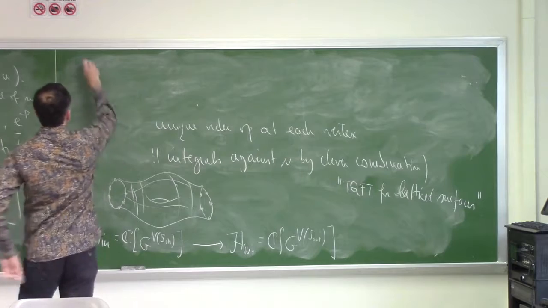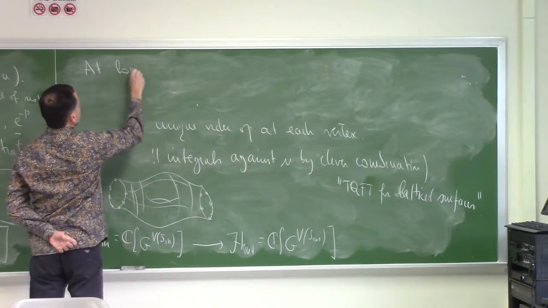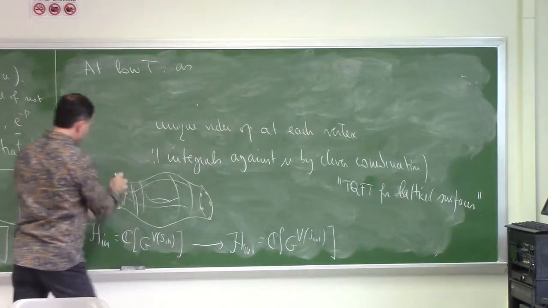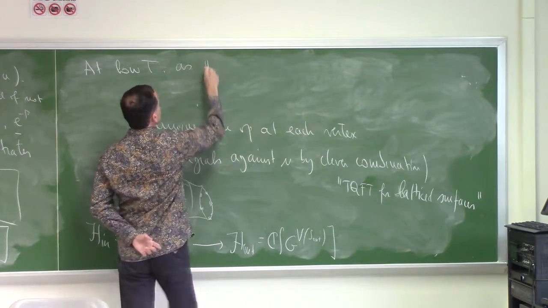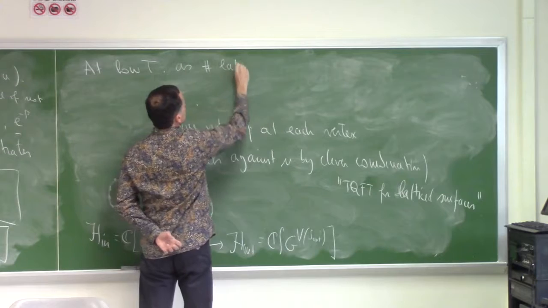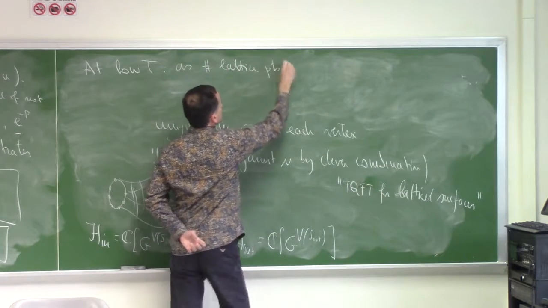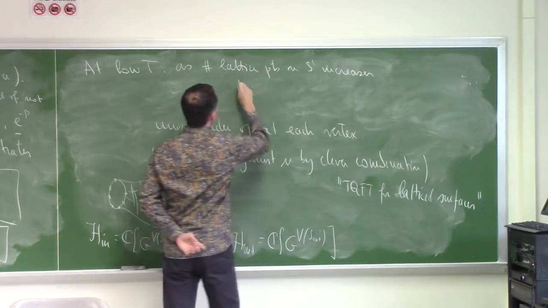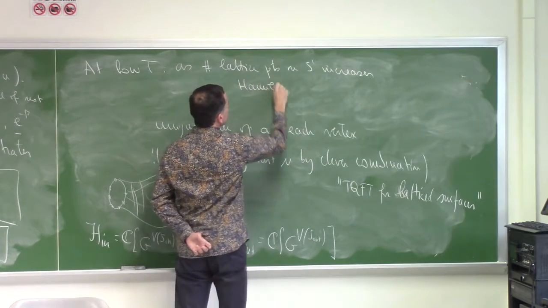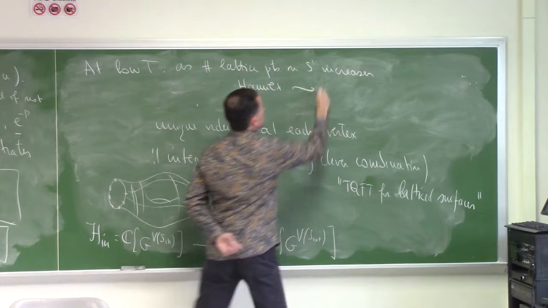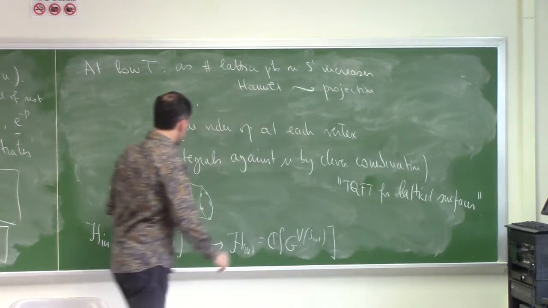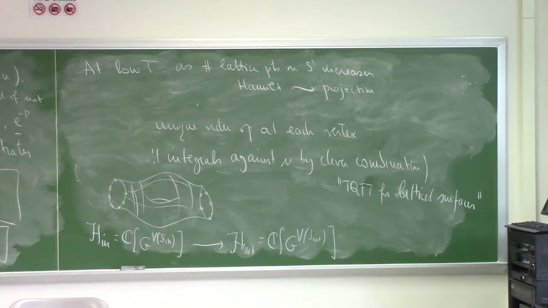So at low T, as the number of lattice points increases, the Hamiltonian approaches the projection onto a two-dimensional space, the two spaces of constant spin.